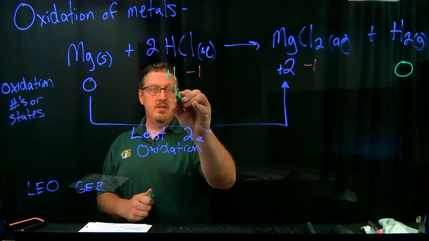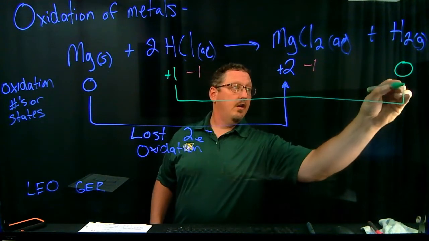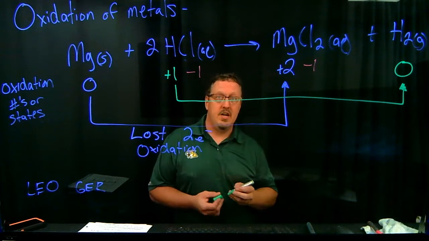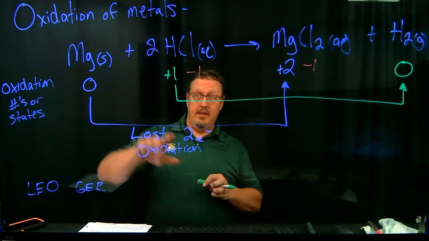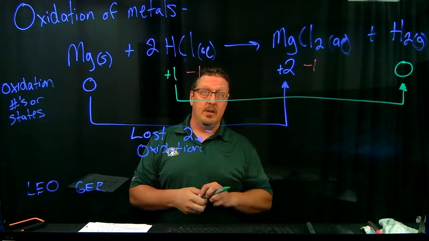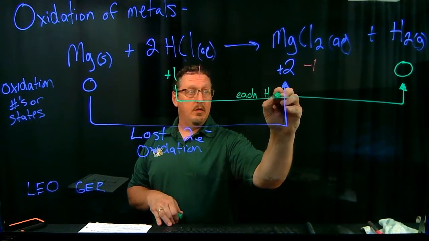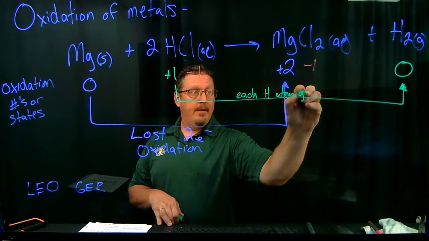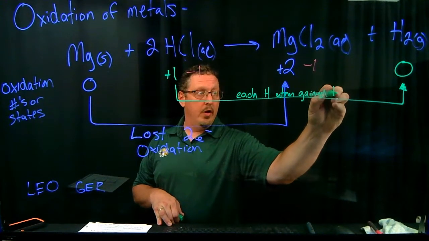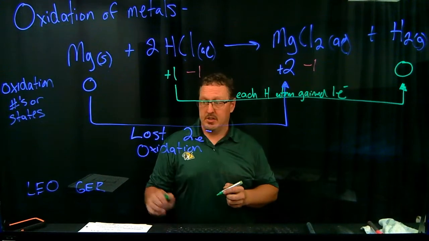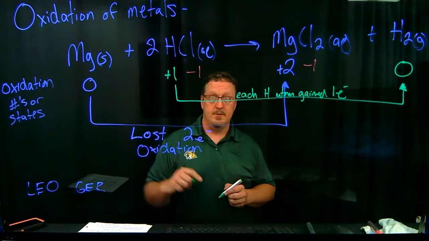So hydrogen goes over to here. Now each hydrogen atom has added or gained one electron. So each atom gained one electron, and that's reduction. Gaining electrons is reduction. Okay?